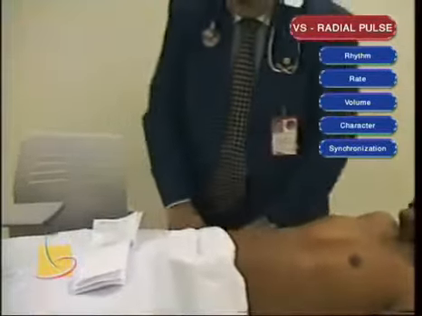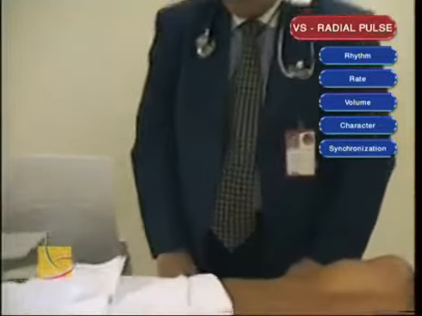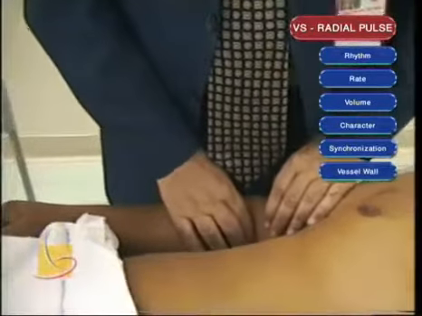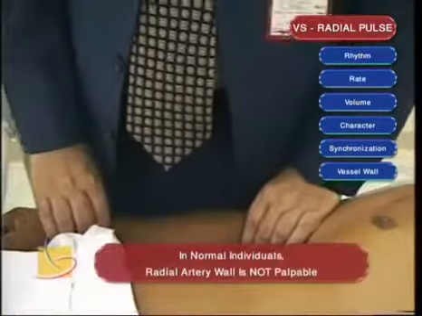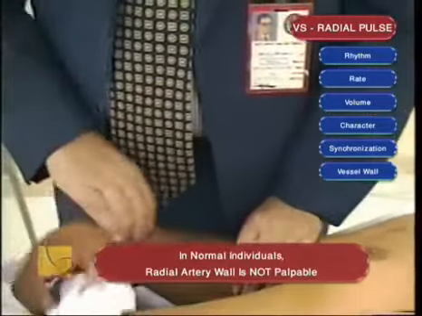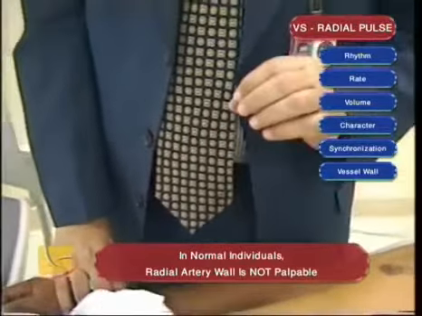After synchronization, we have to try to feel the radial artery wall as well as the brachial artery wall. Normally we don't feel the wall of the arteries. The walls of the arteries are unfelt. We only feel the pulsation. We only appreciate the pulsation.